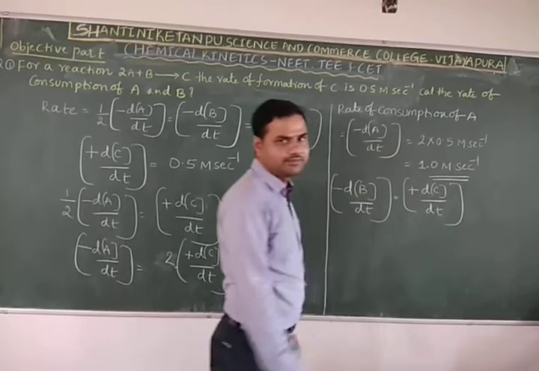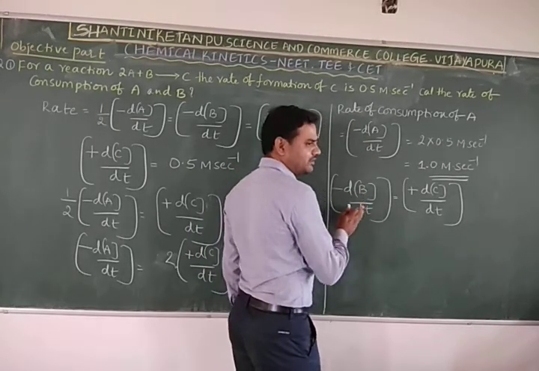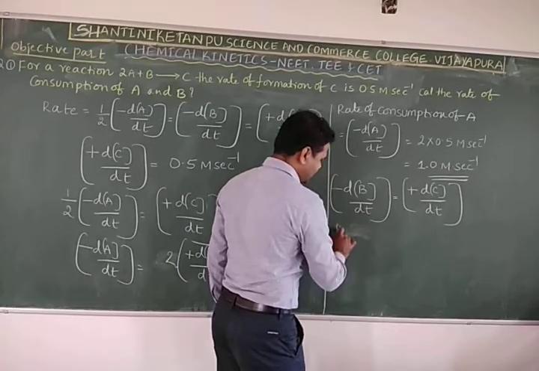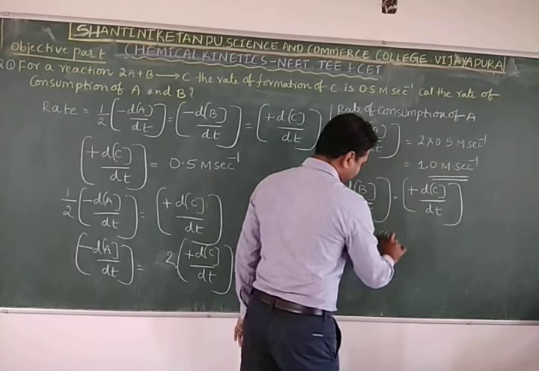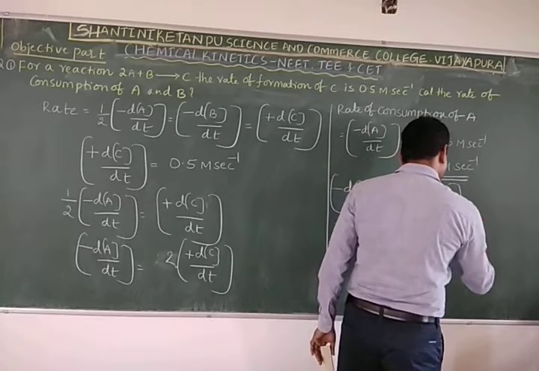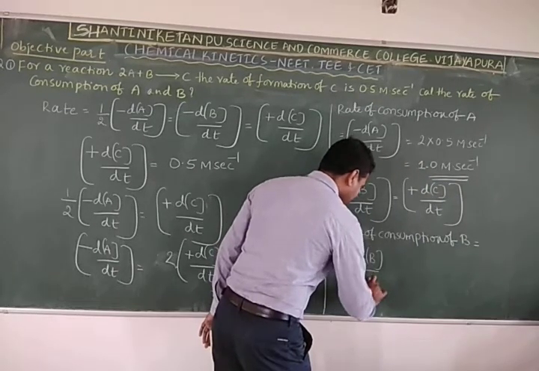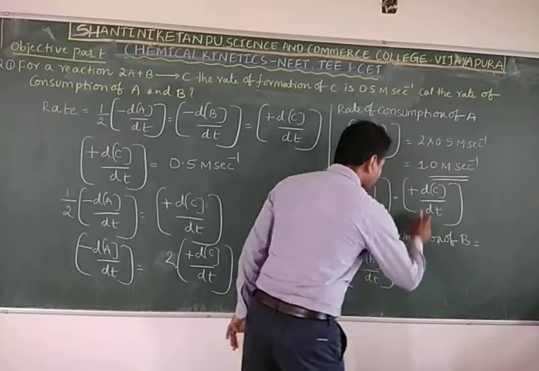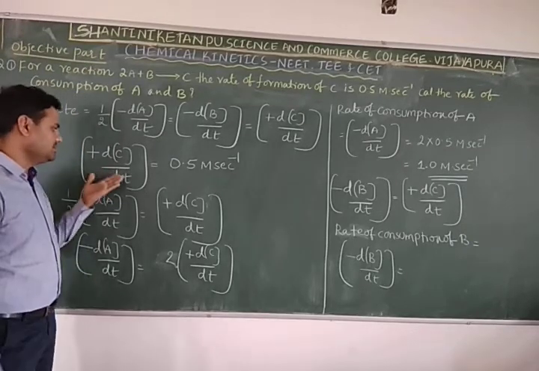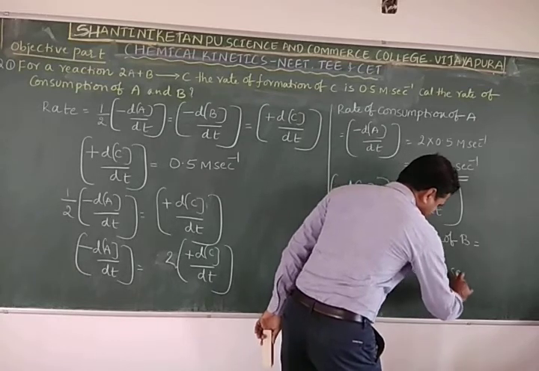So this is the rate of consumption of B. Plus dC by dt means the rate of formation of C, which is already given as 0.5 moles per liter per second.